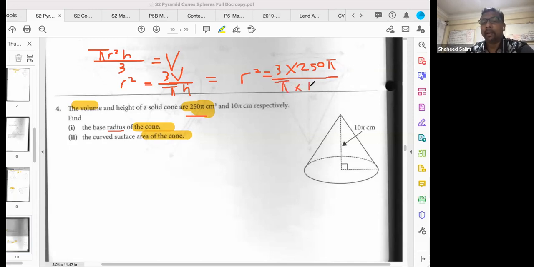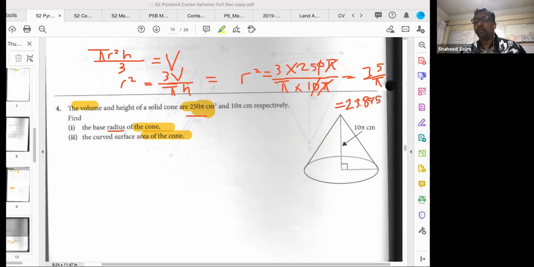I cancel 1 pi, 1 pi, and the 10s. So r squared is 3 times 25, 75 divided by pi. I take 75 divided by pi, I get 23.885, roughly.